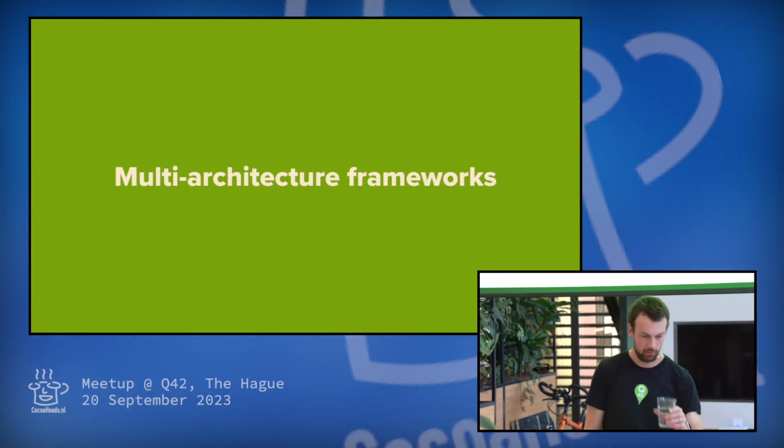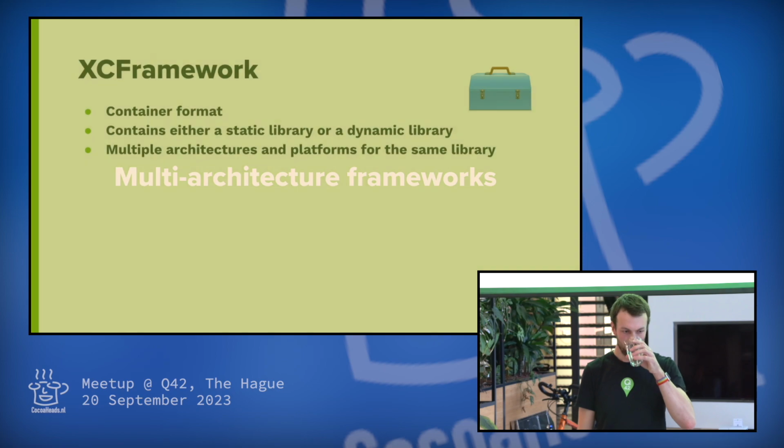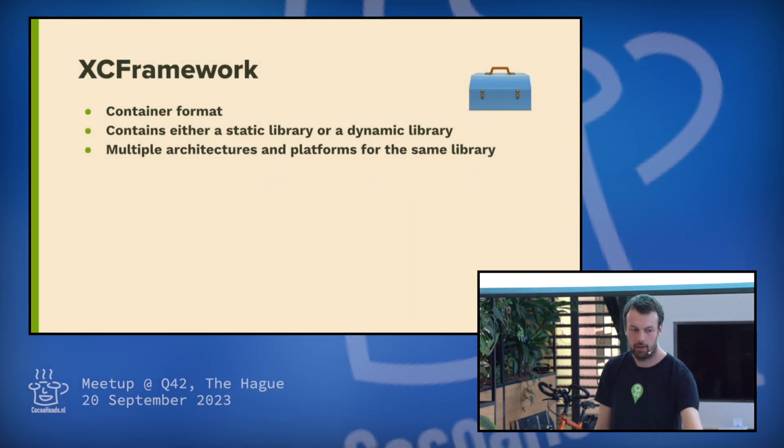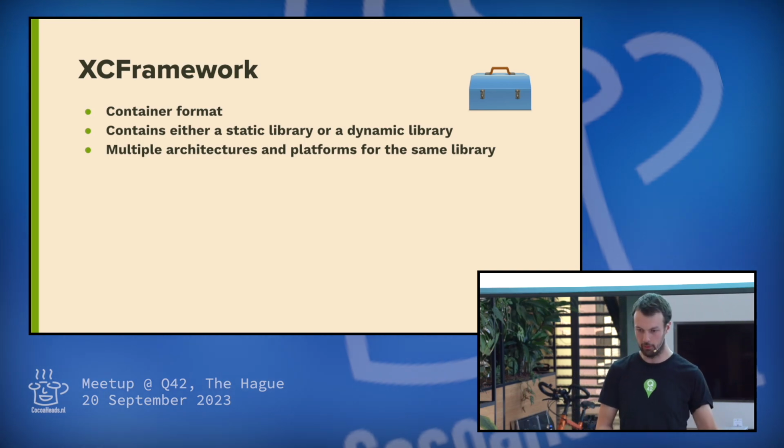Onto multi-architecture frameworks, aka the XC frameworks that I mentioned earlier. An XC framework is something introduced a couple of years ago by Apple. Leading up to the Apple Silicon transition, they actually introduced this because we have all these platforms. We have macOS, iOS, tvOS, watchOS, and multiple architectures.